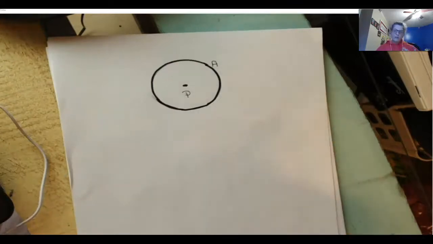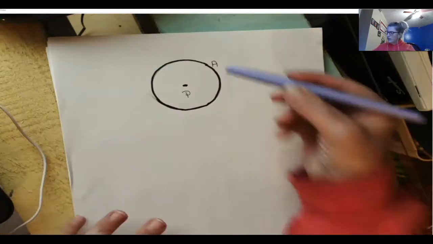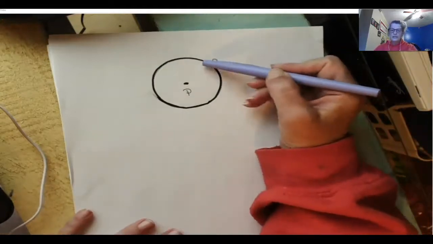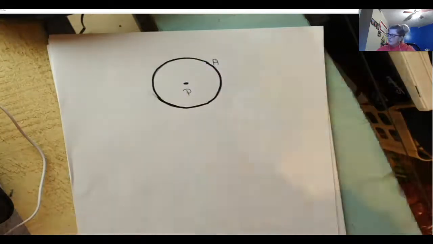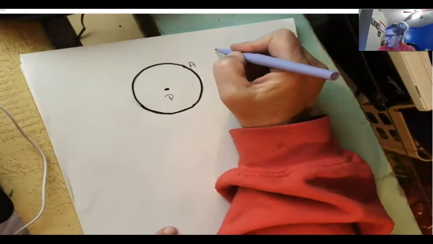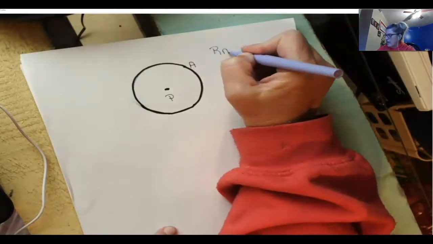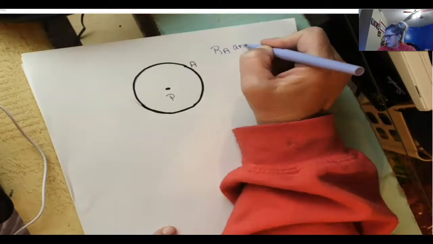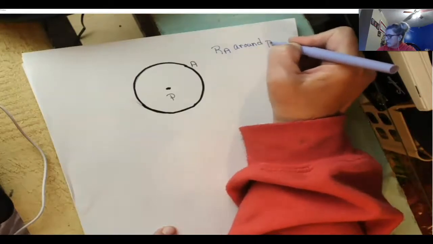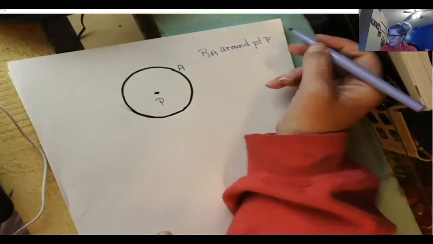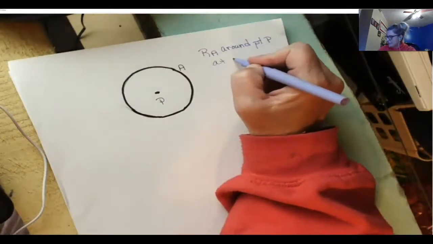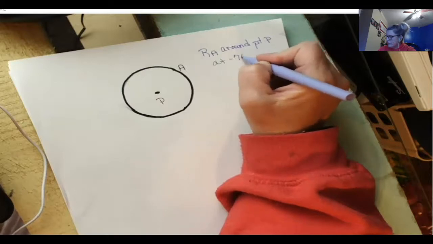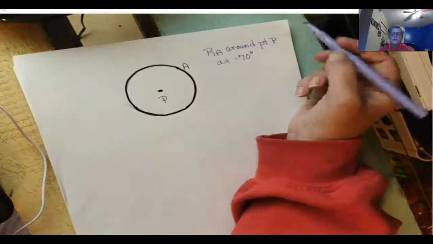All right, so if you think about a rotation, it's like a circle, and we have a center point, and we are moving a point around this center. Okay, so if I look at a rotation of A around point P at, let's say, negative 70 degrees, okay?